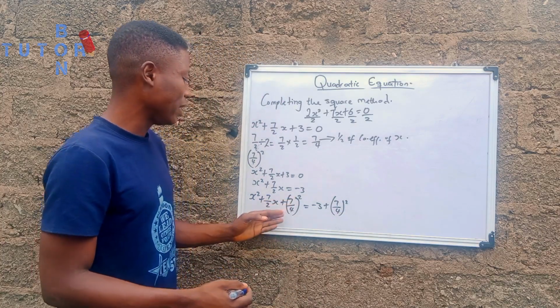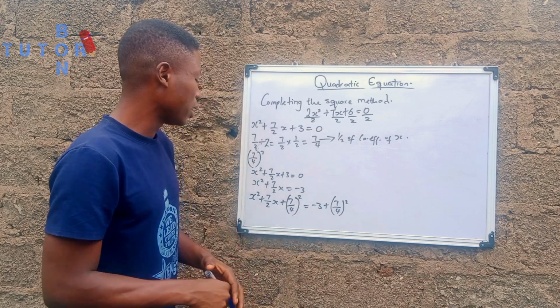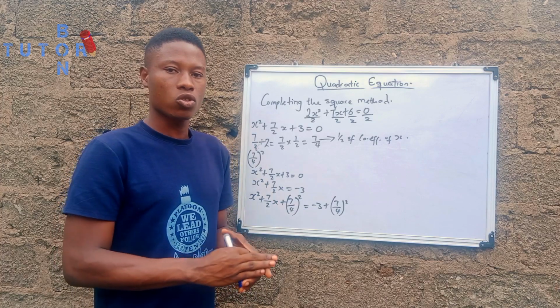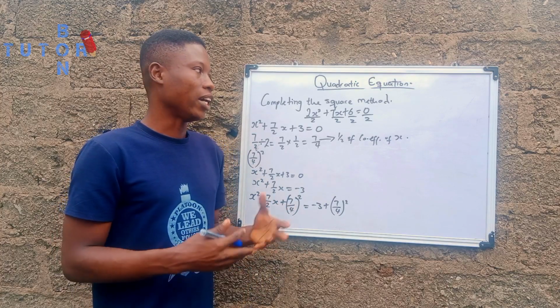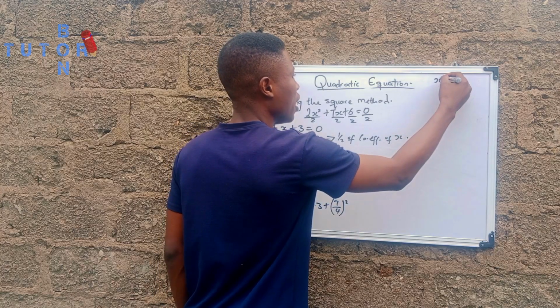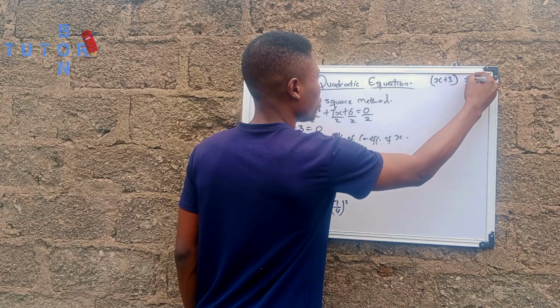Can you see? I'm adding it to both sides. Adding it to both sides, what you have here is what we call a perfect square. What do I mean by a perfect square? I showed you earlier: a perfect square is an example like saying x plus 3 and x plus 3.